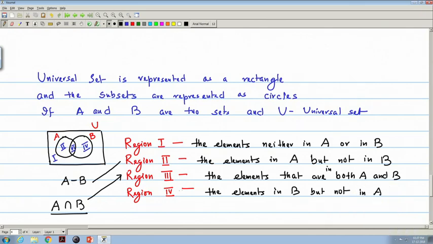Similarly, the elements in B but not in A, I can write as B minus A.